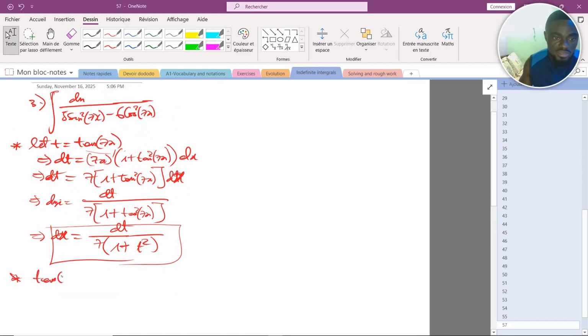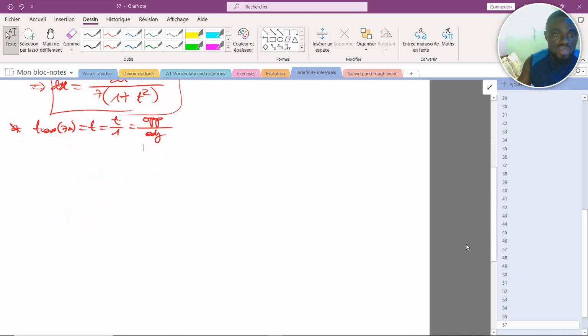That is tan 7x equals t, which is t on 1, which is opposite all over adjacent. Okay, let me draw my right angle triangle. What's the angle? The angle is 7x. So I'll write it here, 7x.